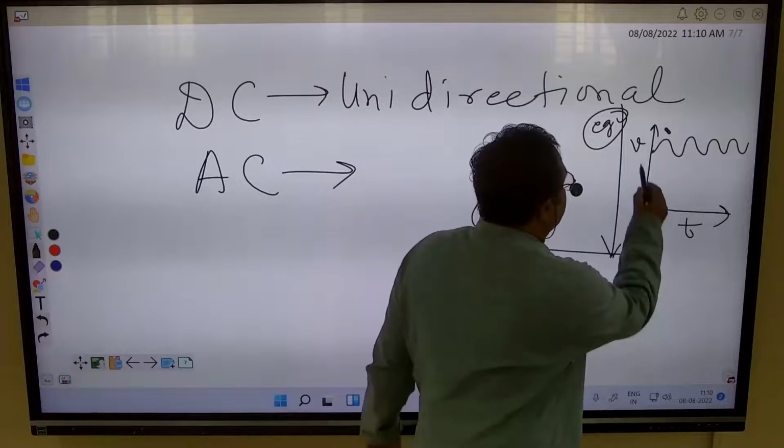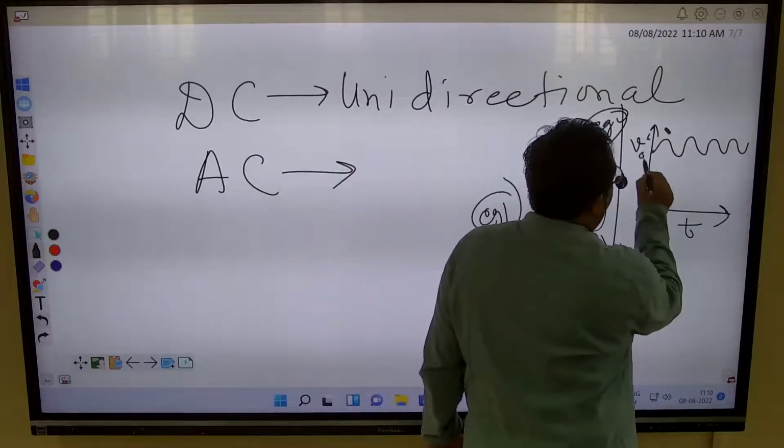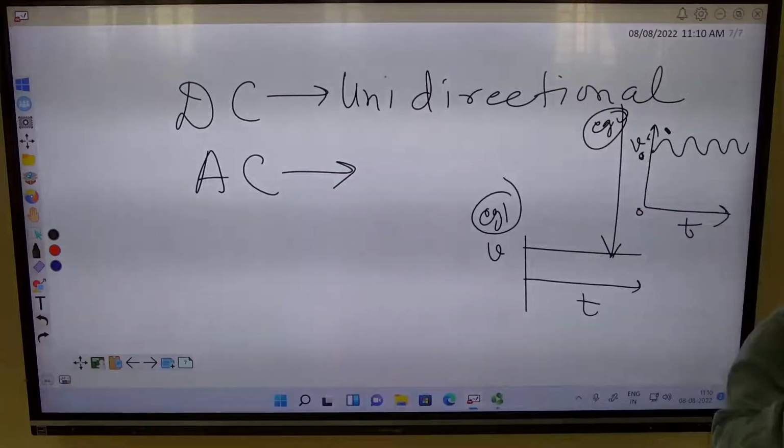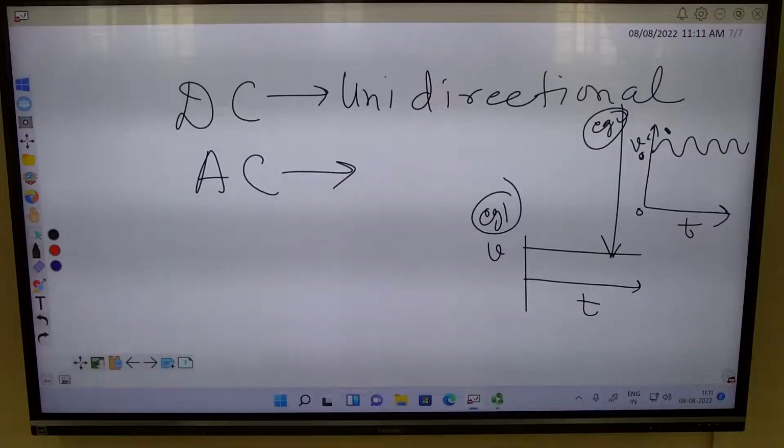Sometimes say this is 5 volt, this is 6 volt, this is again 5 volt, like this. But magnitude is always positive. It is called pulsating DC, and this type of pulsating DC you obtain in which device? Rectifier. You obtain it in the rectifier.